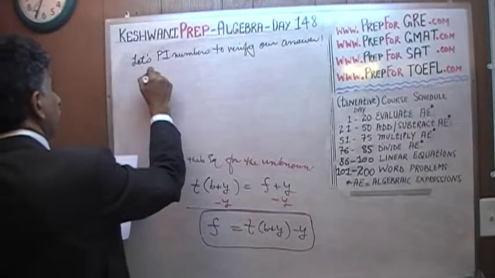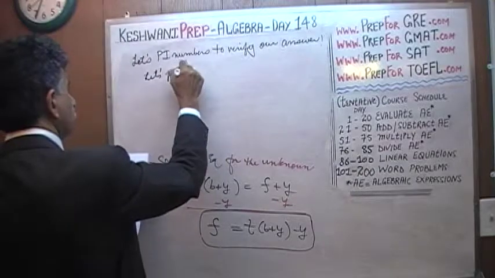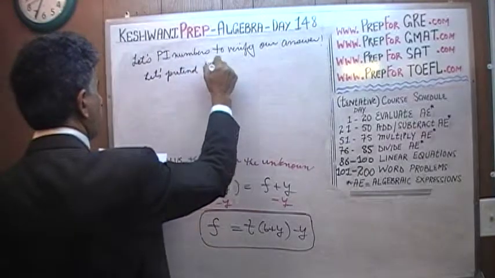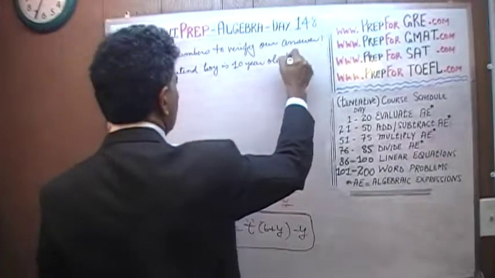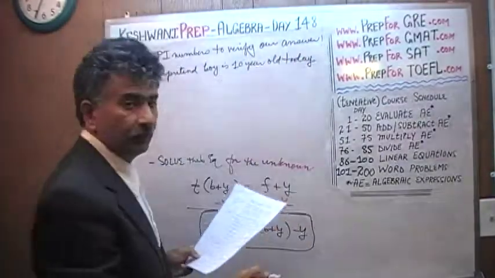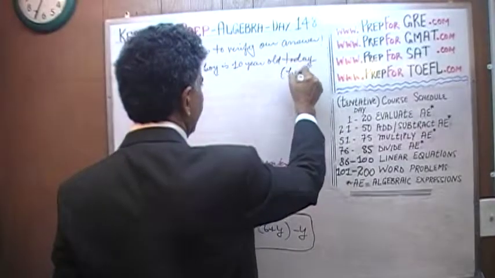Let's pretend the boy is 10 years old today. In other words, we're pretending b equals 10. That's what we're pretending.